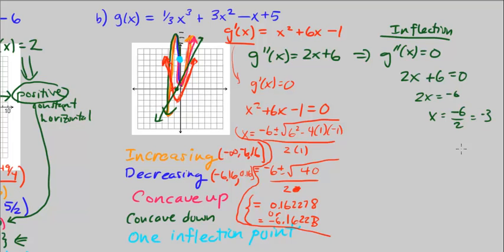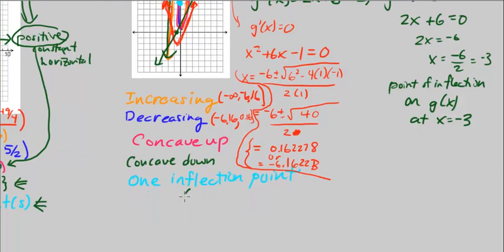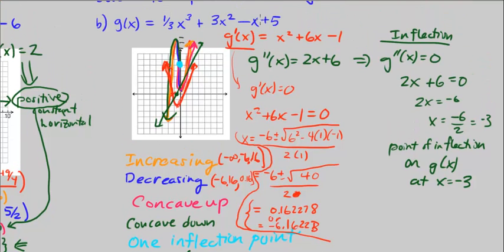Okay, so now we know there is a point of inflection on g of x at x equal to negative 3. So our point of inflection is going to be negative 3, comma, and we can plug negative 3 into our g of x to get the y value. So let's do that.